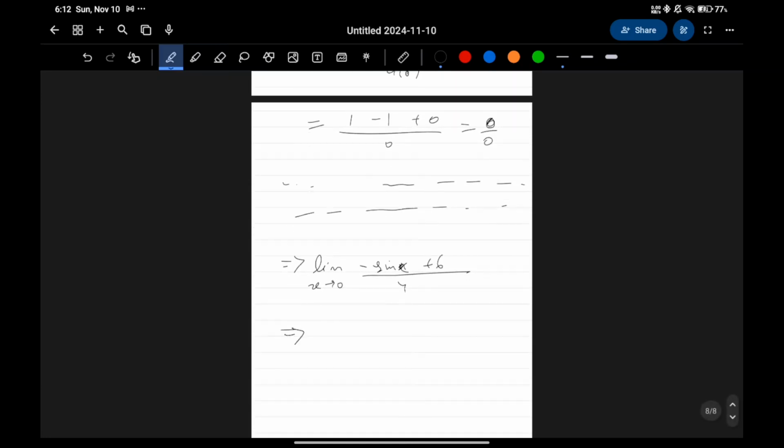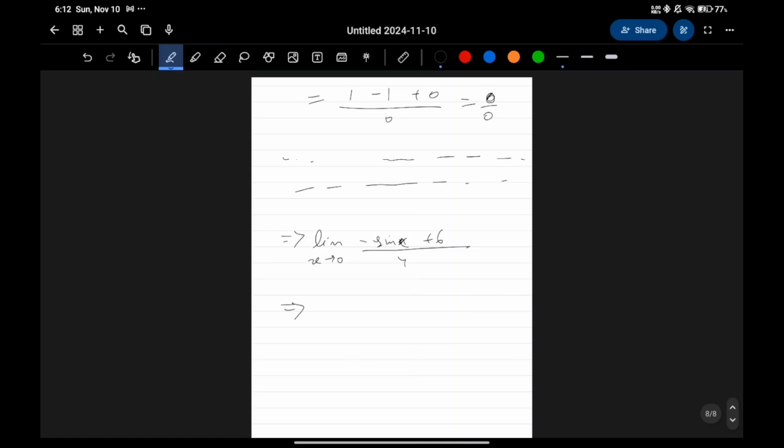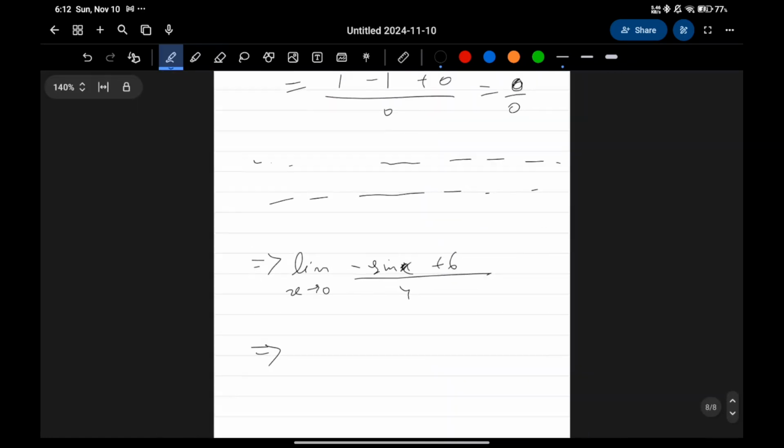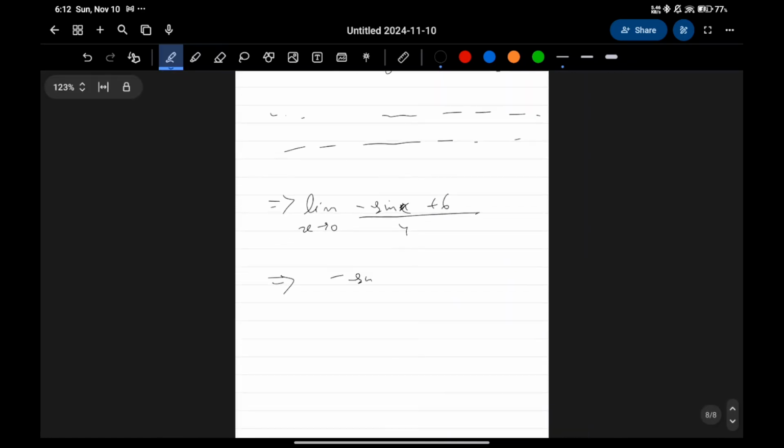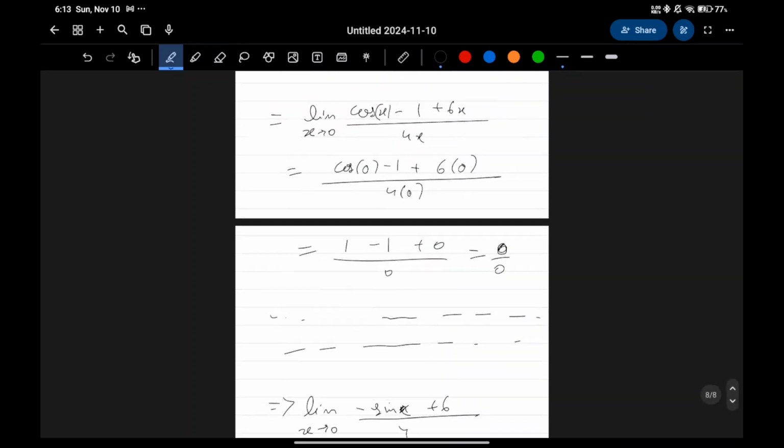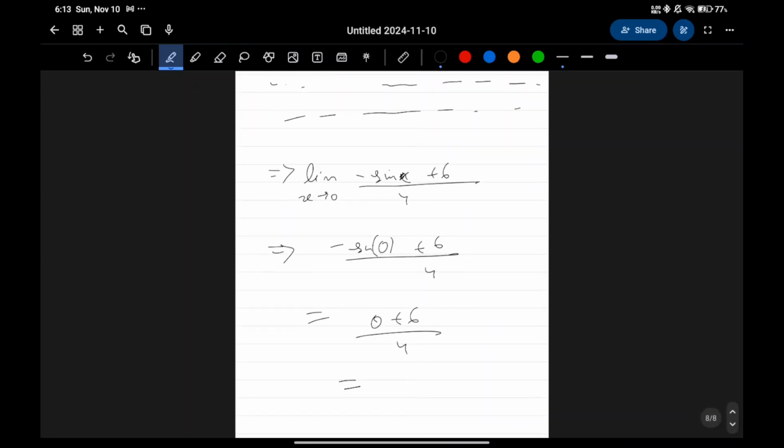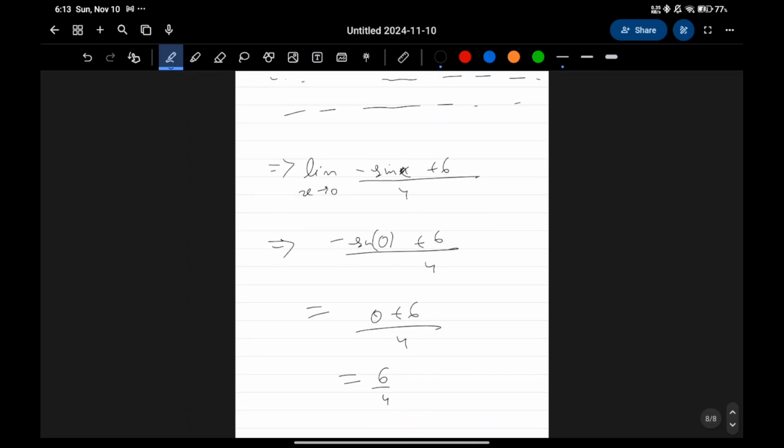Now let's plug in the 0 again: minus sine of 0 plus 6 over 4. Sine of 0 is 0, so we get 6 over 4, which is 3 over 2. This is my final answer. It is conclusive and doesn't leave me with any indeterminate type.